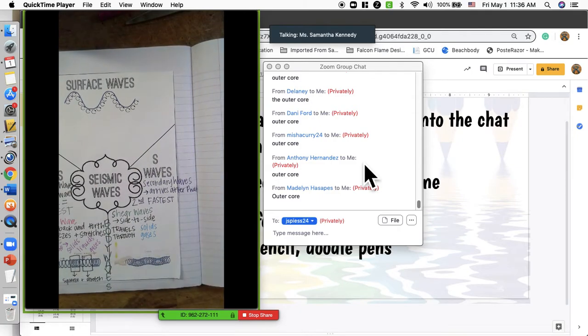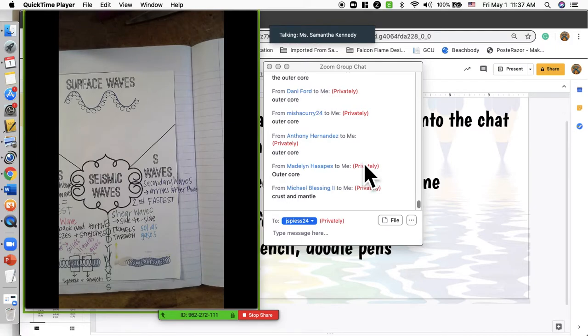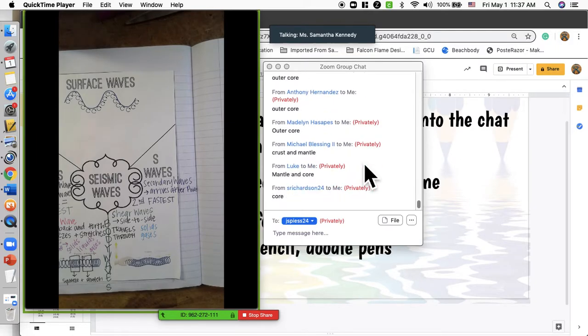Okay? So then really, an S wave can only travel through what 2 layers of the Earth? If we think crust, mantle, core, if it can really only travel through solids because there's no gases really in the middle of the Earth, we have our atmosphere.